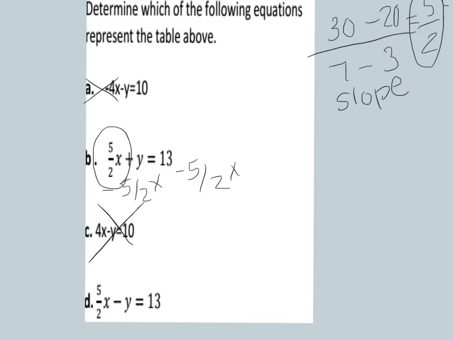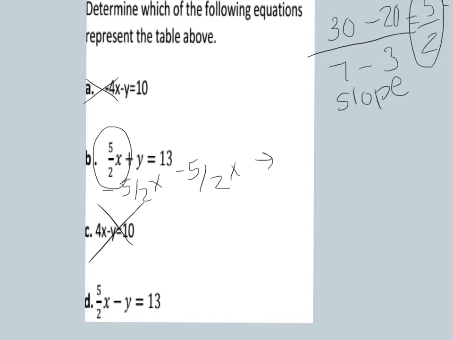So what you need to write down on your paper is you're going to write this equation. So press the pause button and you're going to write 5 halves x plus y equals 13. After you write this equation, then you're going to subtract 5 halves x on the left and 5 halves x on the right.